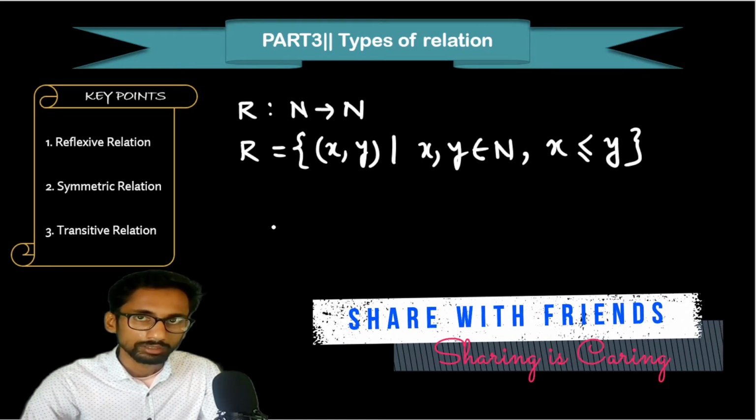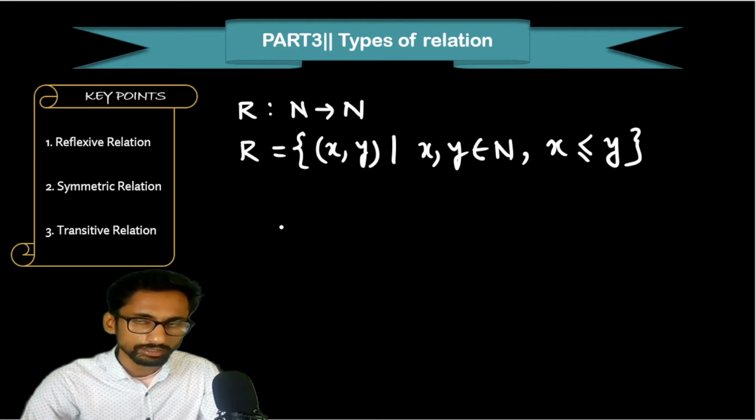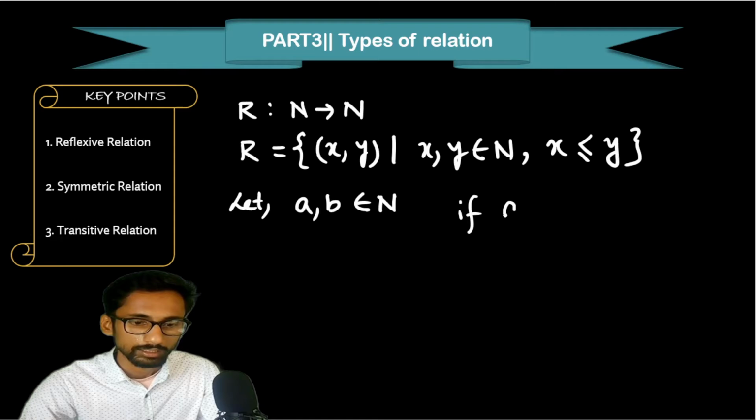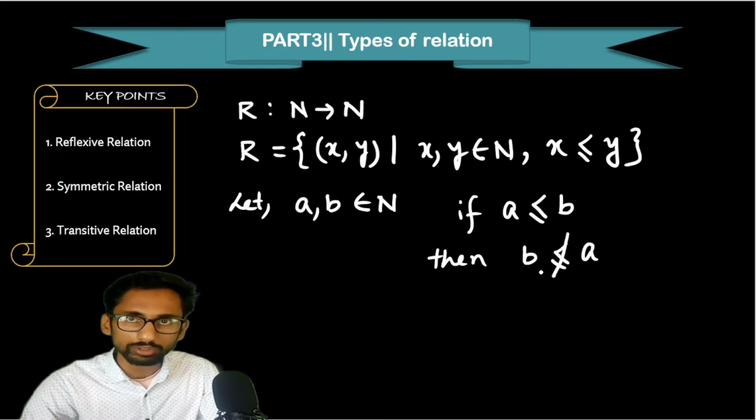Now the second type, is this relation symmetric? For that we need to consider two elements from the set N or the domain N. If A is lesser than or equals to B, then B is not lesser than or equals to A. It is not possible.